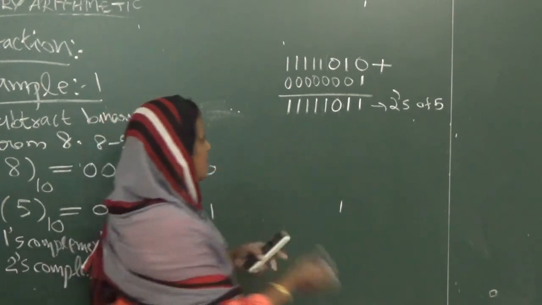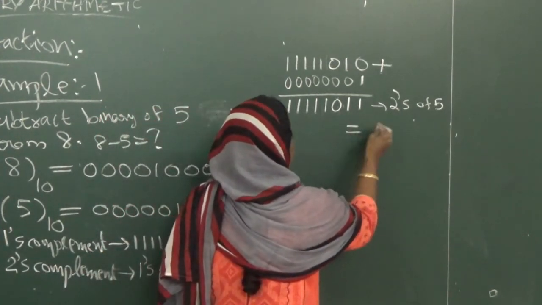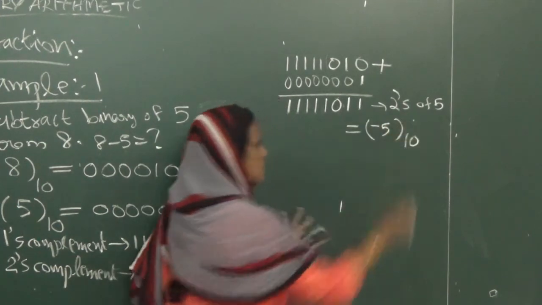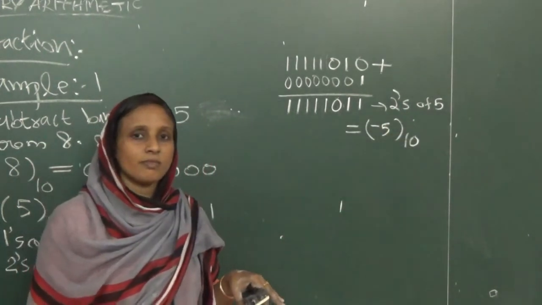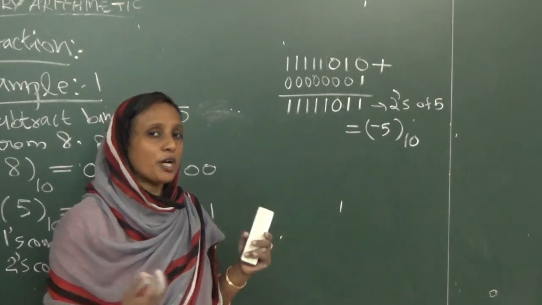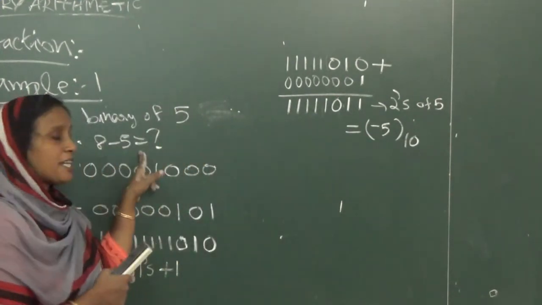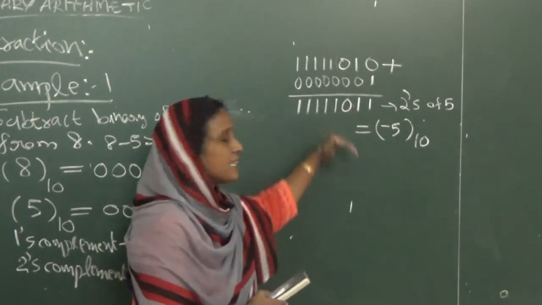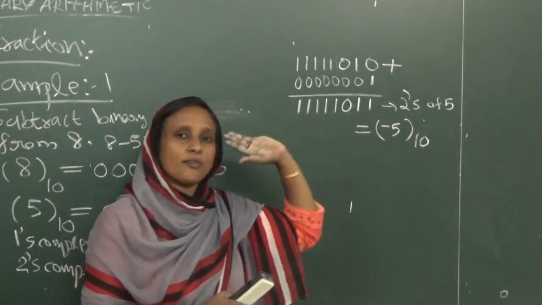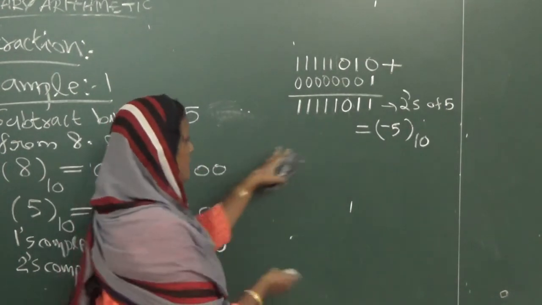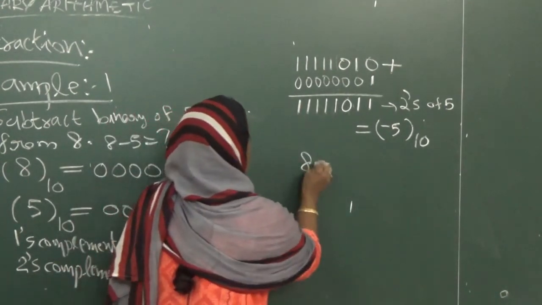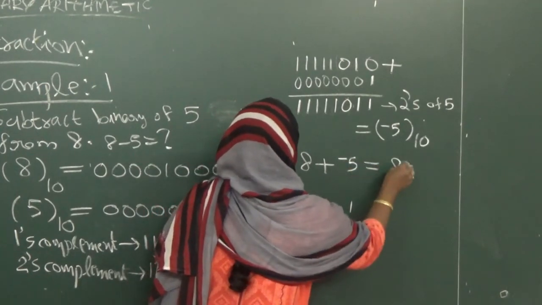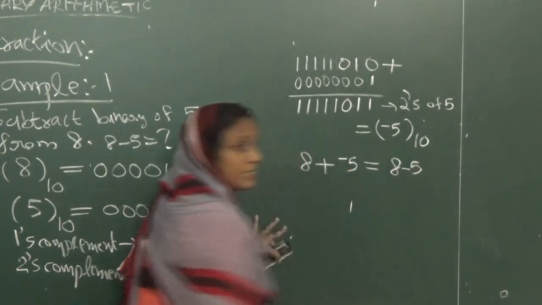This is the binary equivalent of minus 5 in the decimal system. Okay, so to perform this 8 minus 5, you have to simply add 8 plus minus 5, right? This gives you 8 minus 5.